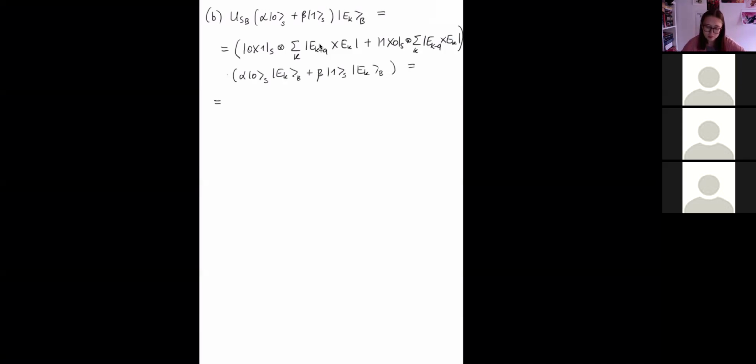Okay, let us do this. So there are some terms in this expression which are killed, right? For example, if you act with the first term on this, you get 0. The same as if you act with this term on the term |1>_S, you also get 0. So we are only allowed to act with this term on this term. So the first one that we write down would be beta |0> on S, tensor product.